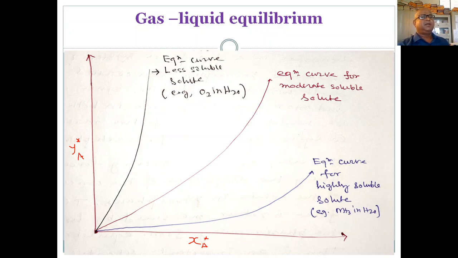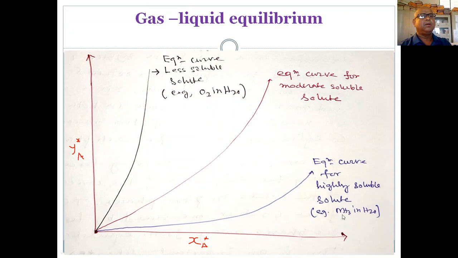Now let's take the absorption of ammonia in water. Ammonia is highly soluble in water, which means ammonia will prefer to stay in the liquid phase rather than in the gas phase.